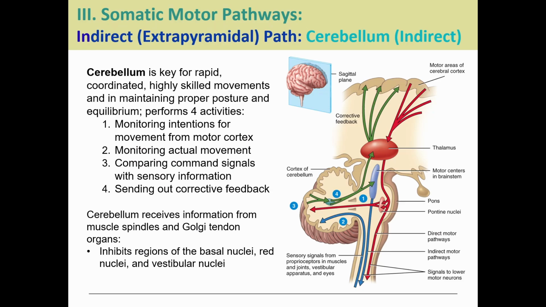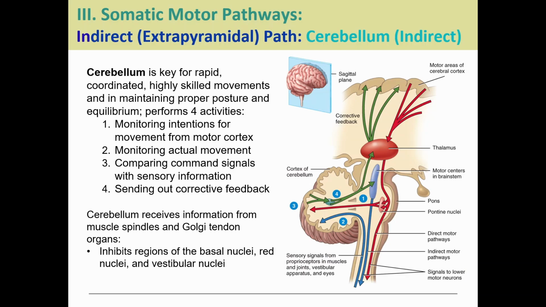The cerebellum is part of that indirect pathway, and this is so that we can maintain coordinated movements, maintain proper posture, maintain equilibrium. So basically we're looking at the intentions for the movements we're going to make, or the actual movements being made, comparing the command signals with sensory information, and then sending out corrective feedback.